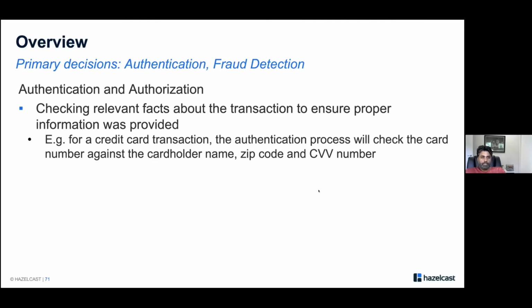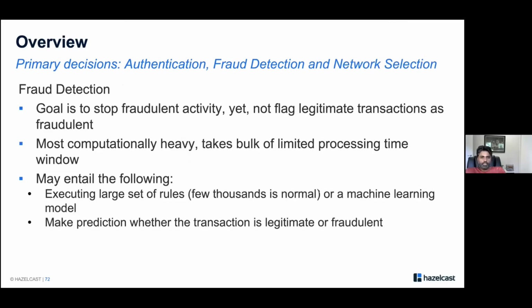Somebody might have scammed your credit card already and is using it all over the world. Those are the things that take place in fraud detection. And that was just a crude representation of the entire process, because in fraud detection there are thousands of business rules that run during the fraud detection and authorization process.